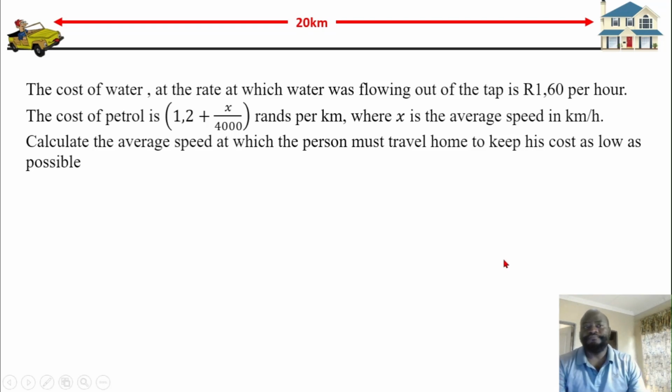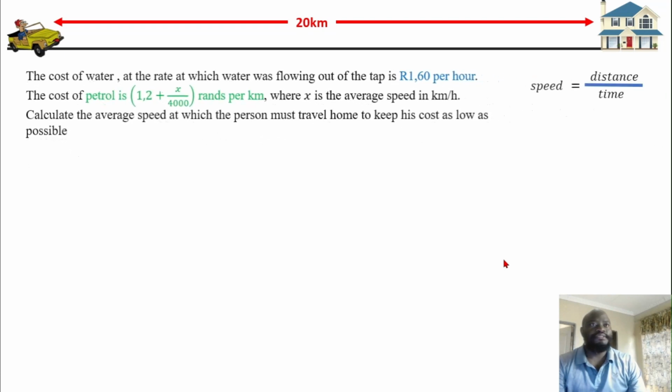So to do this, we will say this formula is going to be needed. So we can see that he's 20 kilometers away from his home, and then we know that speed equals distance over time. We're not going to need the speed because we already have it, so we need to make time the subject because that's the one we're going to need.